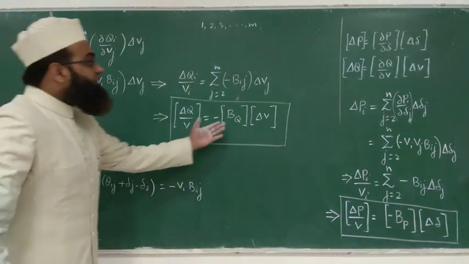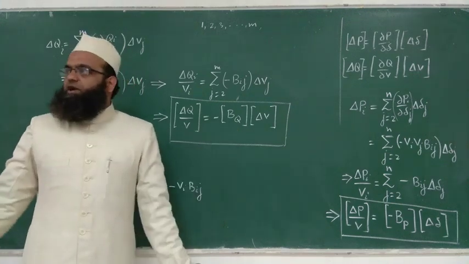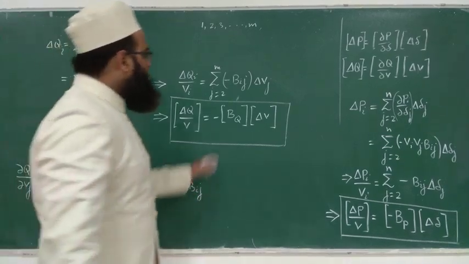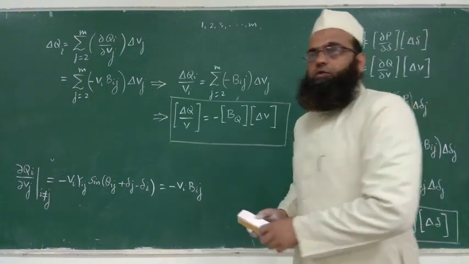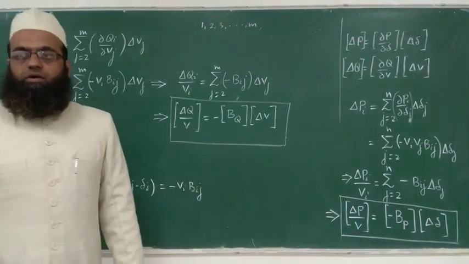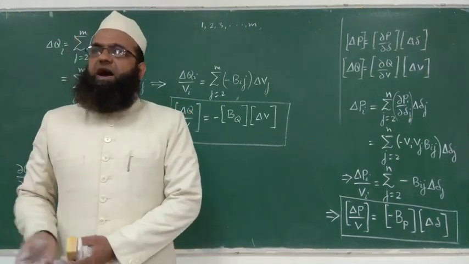So now it will be easier to evaluate. The procedure will be the same as that of the Newton-Raphson method of load flow, but we have modified the Jacobian matrix after certain assumptions. So what is the harm in assuming these three? You may not get accuracy up to that level, but speed will be faster.